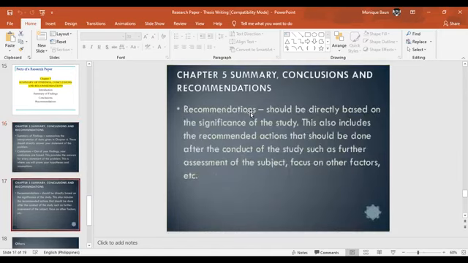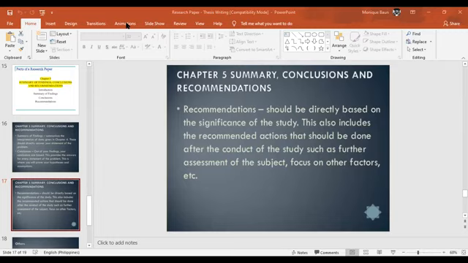Then the last one is recommendation. It should be directly based on the significance of the study. This also includes the recommended actions that should be done after the conduct of the study, such as further assessment of the subject, focus on other factors, and etc. For recommendations, probably these are the weaknesses of the result of your study.